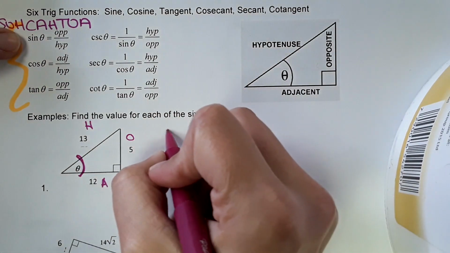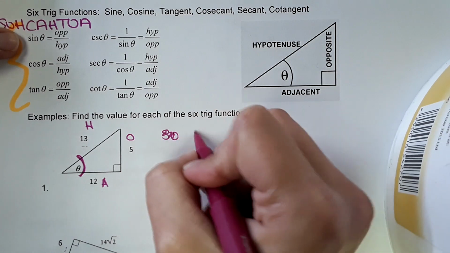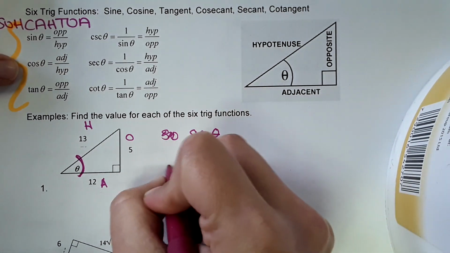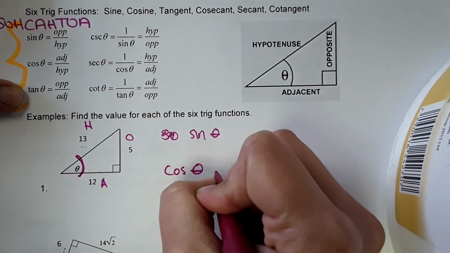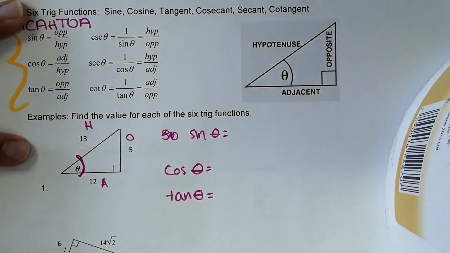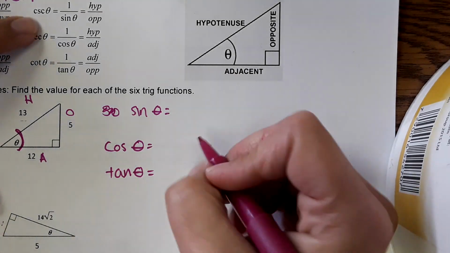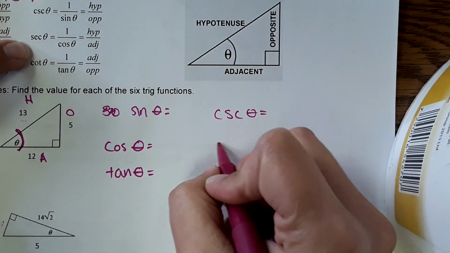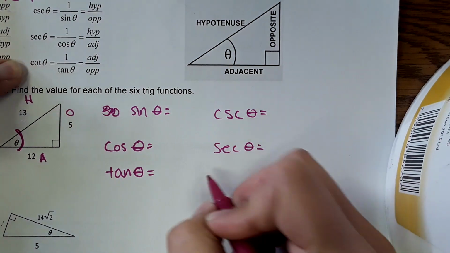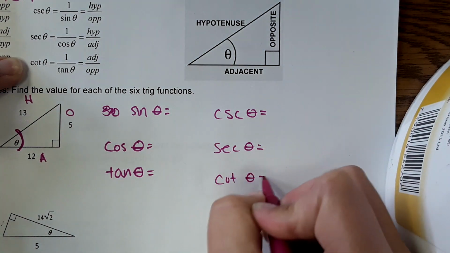So we're going to do sine of theta, cosine of theta, tangent of theta, and then cosecant of theta, secant theta, and cotangent theta.